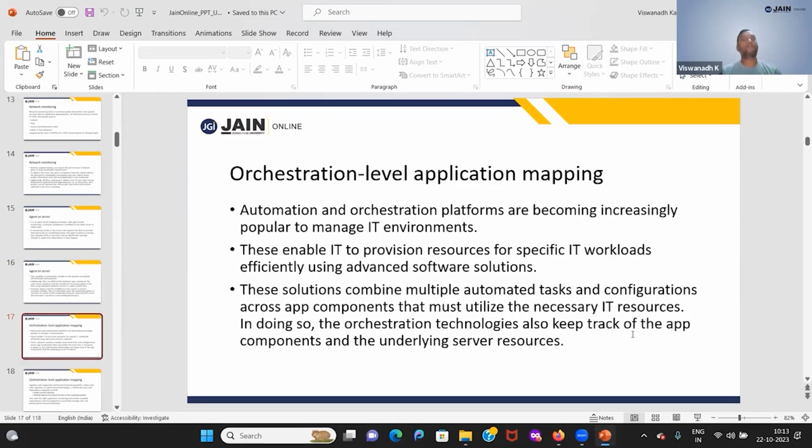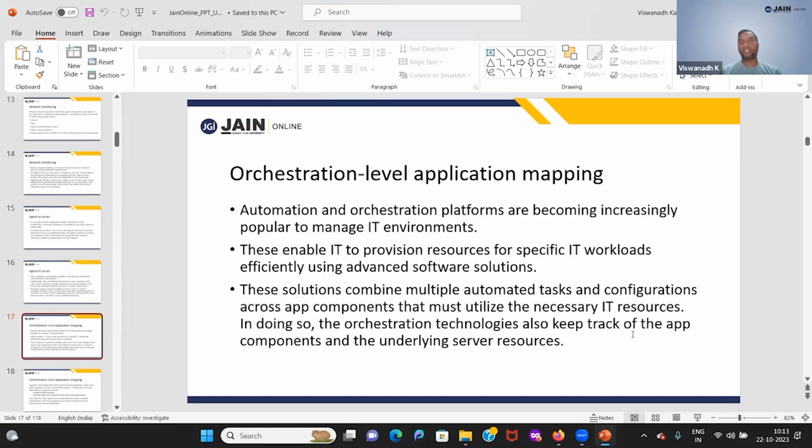Orchestration-level mapping: runtime-based automation and orchestration platforms are becoming increasingly popular to manage IT environments. This level of mapping enables IT to provide resources for specific workloads efficiently using advanced software solutions. These solutions combine multiple automated tasks and configurations across application components that utilize the necessary IT resources.